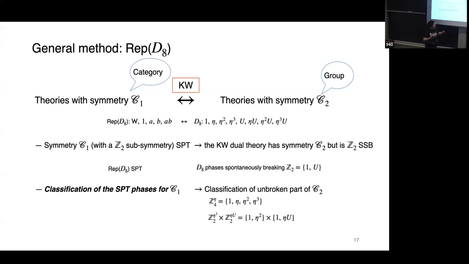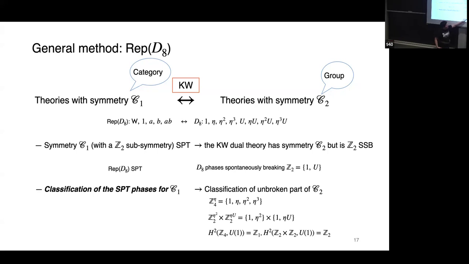Then you can stack the unbroken symmetry SPT to the phase, which does not change your SSB patterns. And the SPT of the unbroken symmetry is just classified by the ordinary group case, by the group cohomology. For the first case, it gives you the Z1 classification, meaning that there is only one phase.